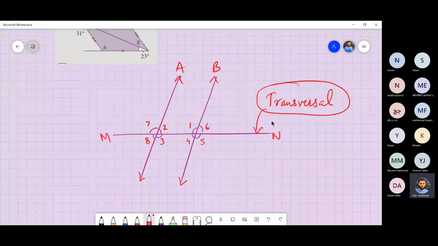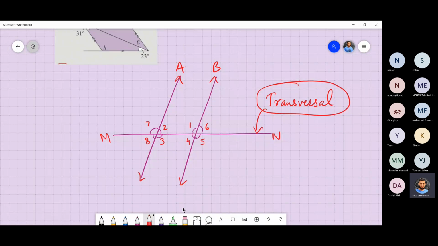What did I ask? The alternate of 3. The answer is 1. Take 3 like this. This angle and this angle form the letter Z.